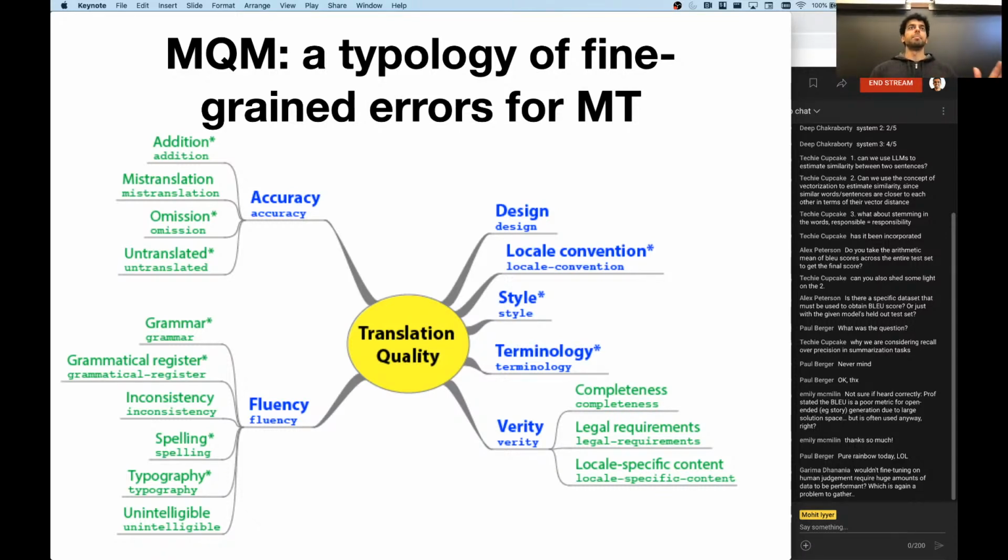So basically, instead of moving to a single score, people are more interested now in these fine-grained errors. Like, how often is my translation system making errors in, you know, mistranslating critical elements or adding new information?